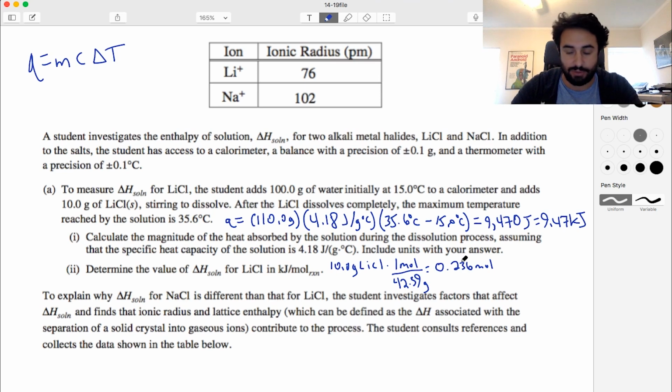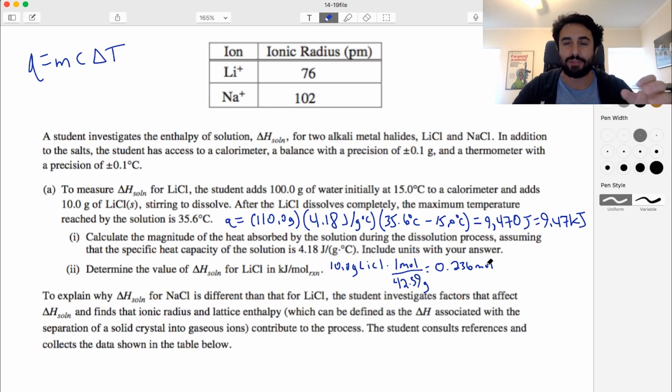So this is the heat that was absorbed by the solution when this many moles of lithium chloride dissolved. So now what we need to do is we need to do two things. We need kilojoules per mole, so we just put kilojoules over moles. But we also have to understand that this is asking for delta H of solution. Part 1 said the magnitude of the heat absorbed by the solution. But heat absorbed by the solution is heat released by the solid. So if we're getting delta H for LiCl, this is specific to this substance.